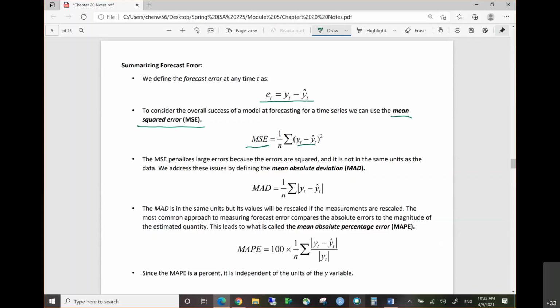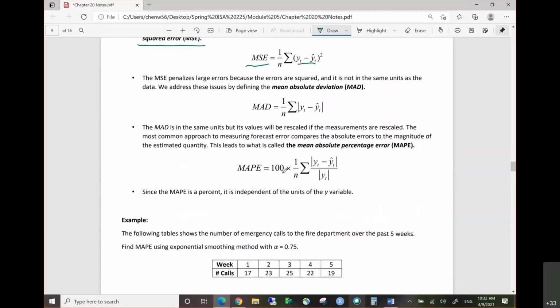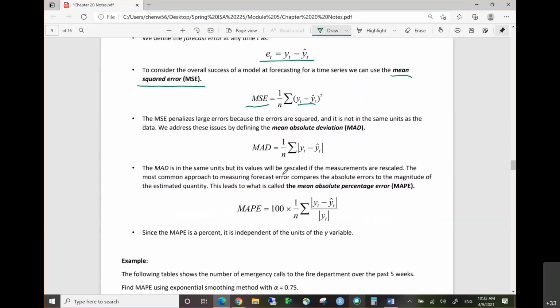But for MSE, there is a problem. If your residual is 2, no big problem. Once you square it, it just changes to 4. But if your residual is 200, once you square it, it will be 40,000.